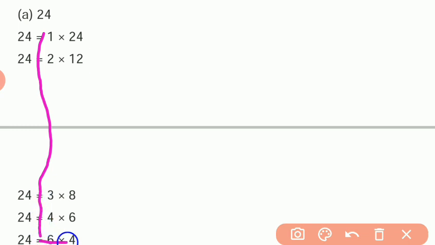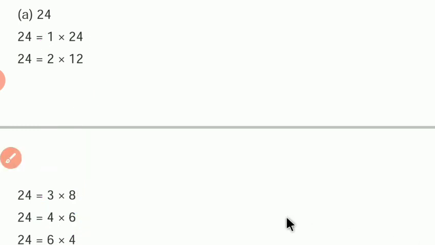After 6 you can see that 4 and 6 are repeated, there's no need to write them. Then 8, 12 and 24. Like this we have to write. We start from the top and then come back to the end. So 1, 2, 3, 4 and 6, 8, 12 and 24. These are the factors of 24.